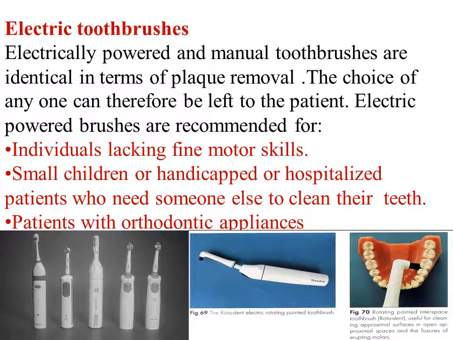The choice of either one can therefore be left to the patient. Electric powered brushes are recommended for number 1, individuals lacking fine motor skills; 2, small children or handicapped or hospitalized patients who need someone else to clean their teeth; and 3, patients with orthodontic appliances.